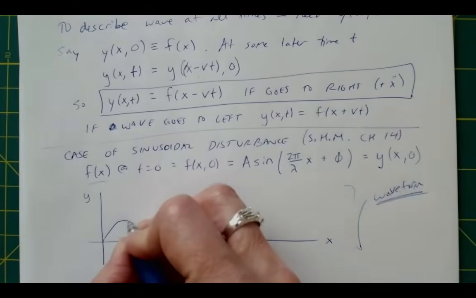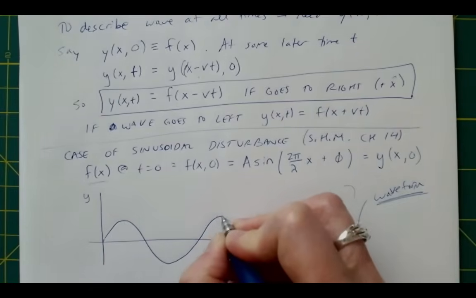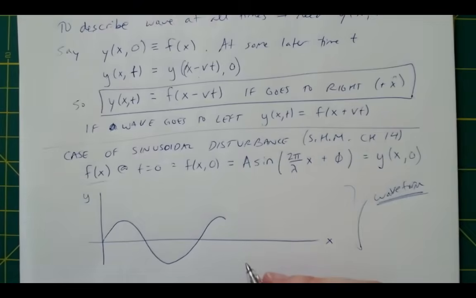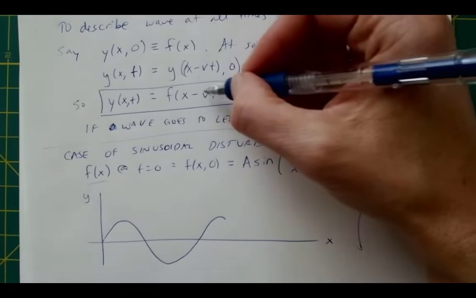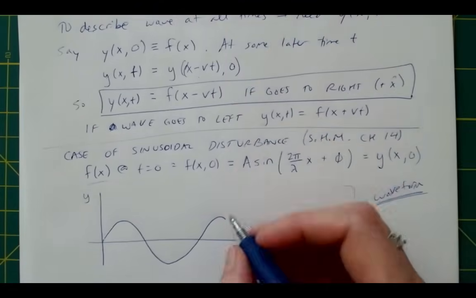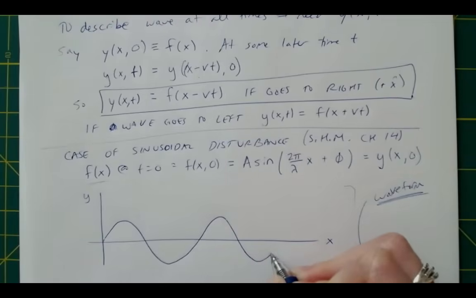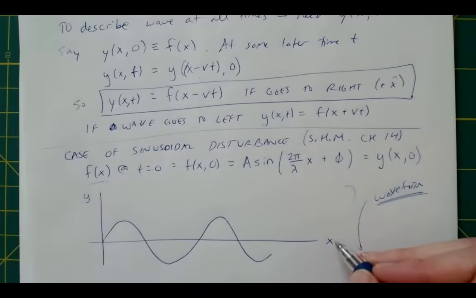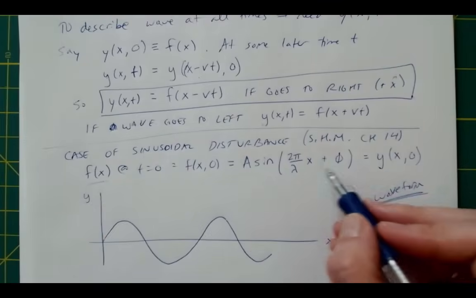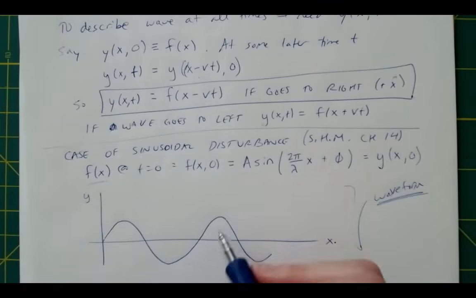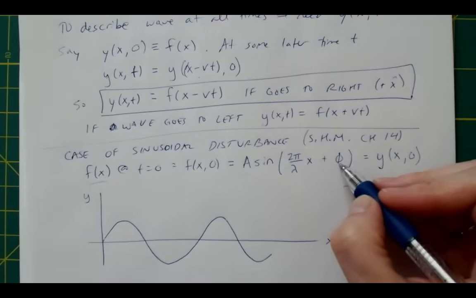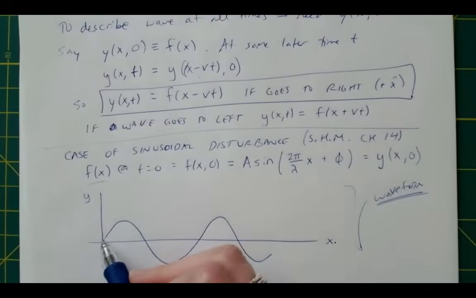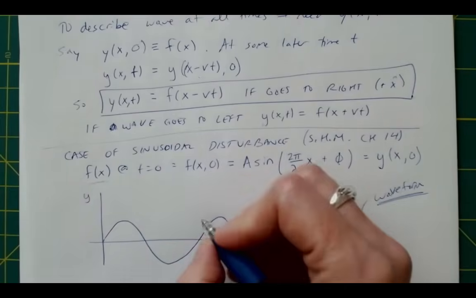And that's what we're going to use in order to come up with the actual equation for the wave at all times. So we have some initial sinusoidal disturbance, and this is y as a function of x, and all this is the equation for this wave. In this particular case, I put in a phase constant phi, but I've drawn a standard sine wave, so phi would be 0.